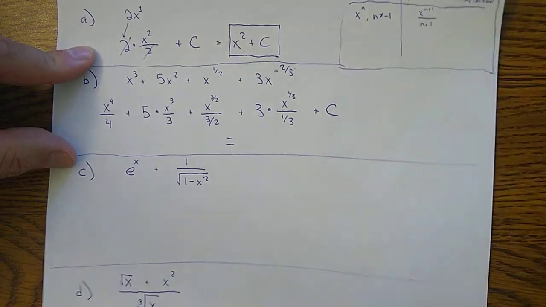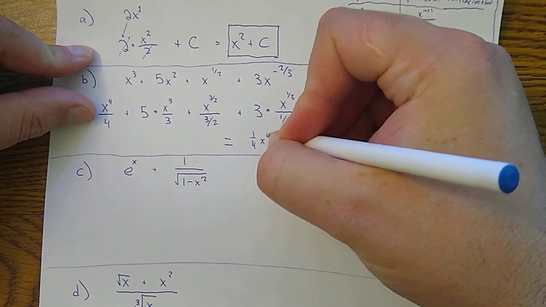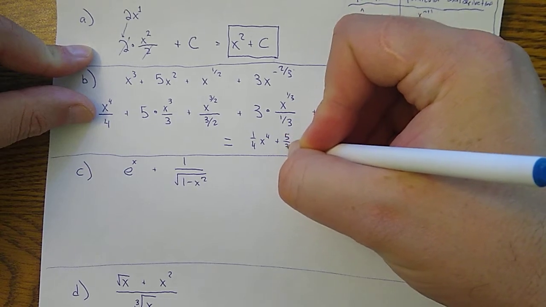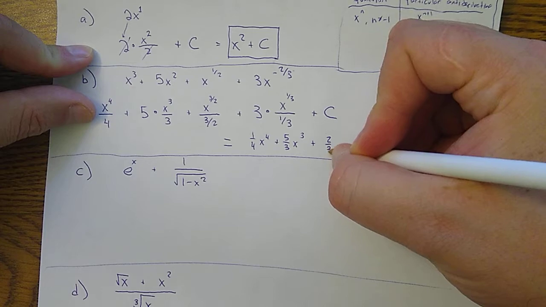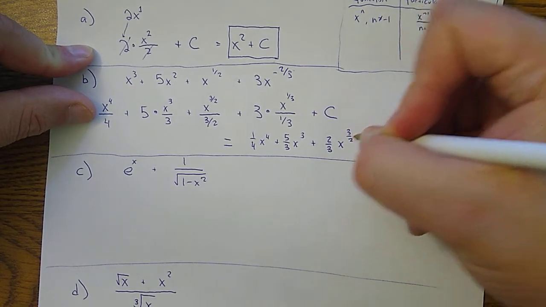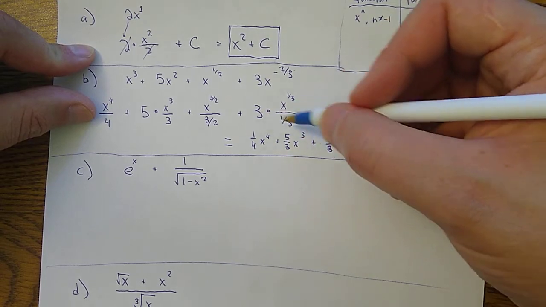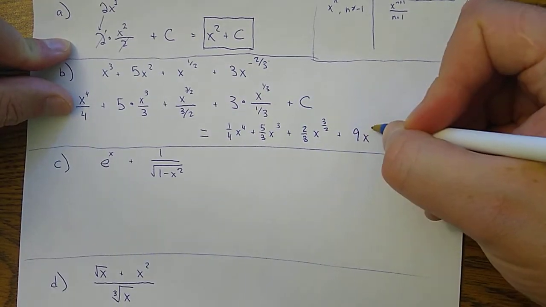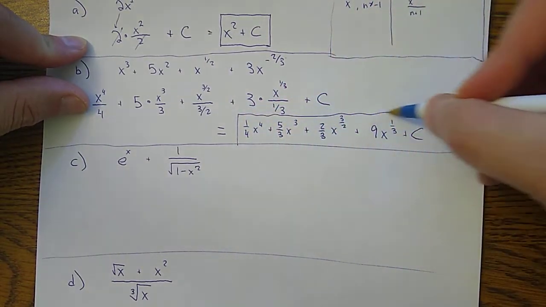Then let me simplify that because there's fractions going on. I've got 1/4 x to the 4th plus 5/3 x to the 3rd plus 2/3 x to the 3/2 plus, okay, so these actually don't cancel, these multiply. So 9x to the 1/3 plus c. And we're good.